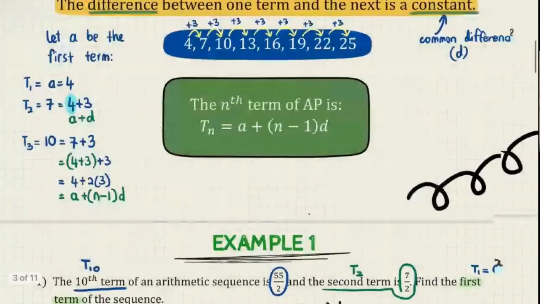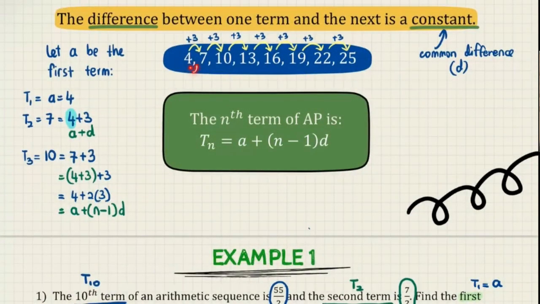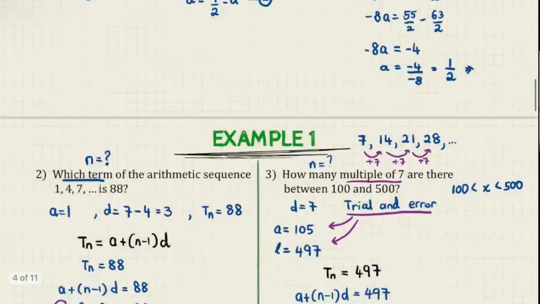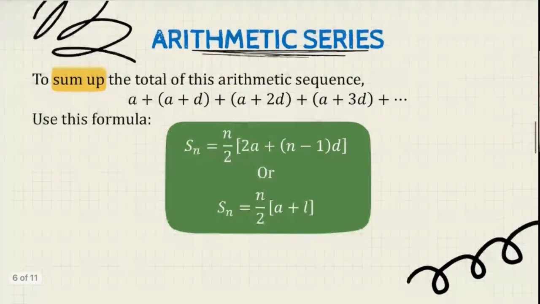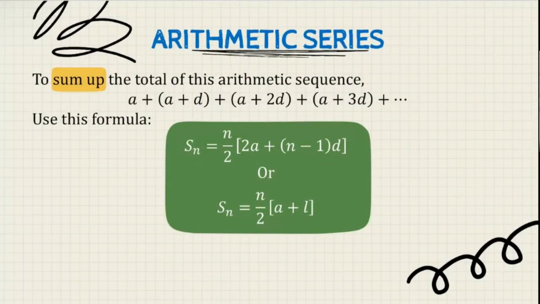Apa lagi contoh dia kat sini? 4, 7, 10, and so on. Okay, so ini adalah kita punya sequence lah. Kalau series sebenarnya dia akan ada plus. Okay, so kalau dia kata sum A plus something plus something plus something, so dia merujuk kepada summation lah.